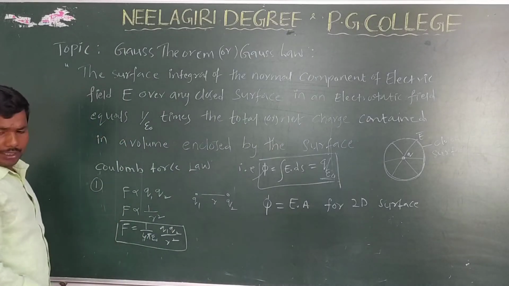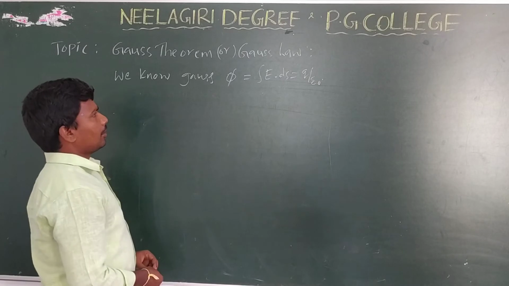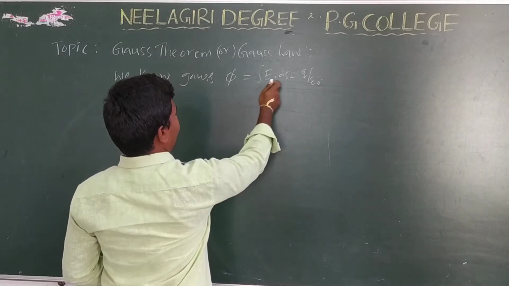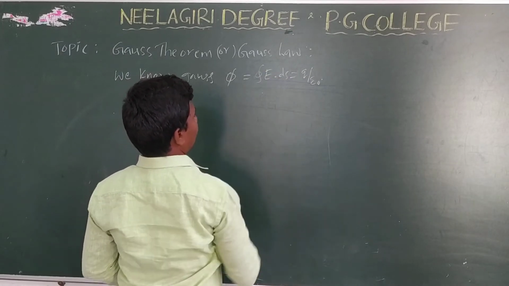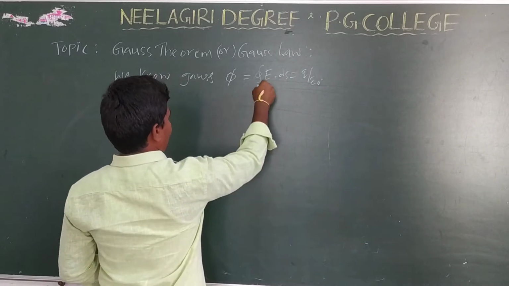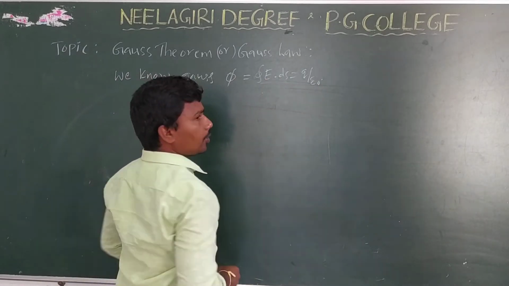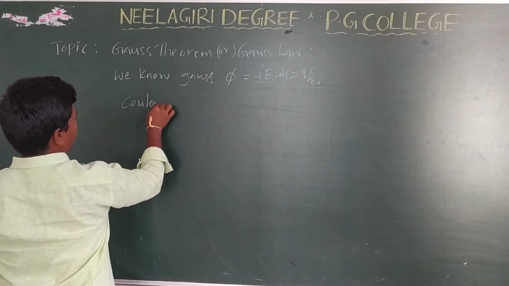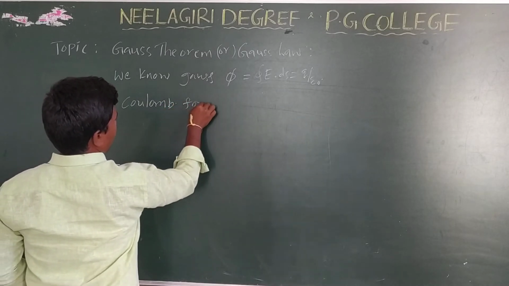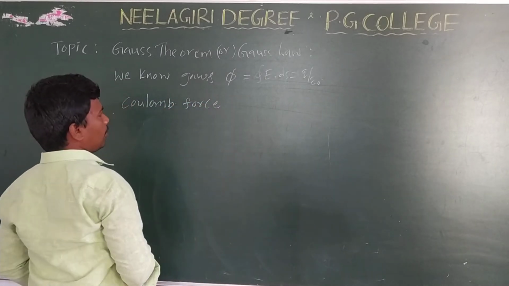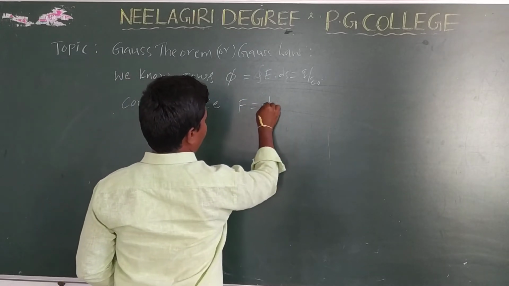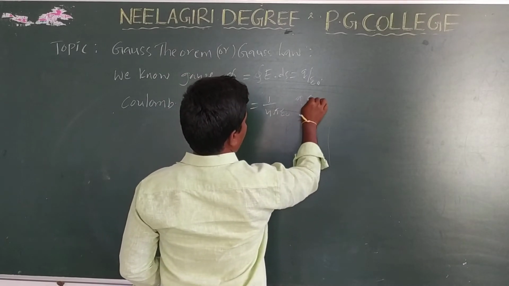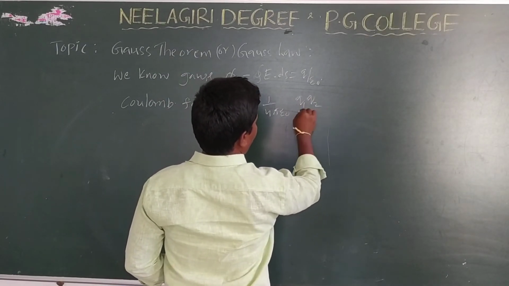Okay, now we see the proof. We know that phi is equal to the surface integral of E dot ds, equal to q by epsilon naught. Now we have to prove E dot ds is equal to q by epsilon naught. So we consider Coulomb's force. We know that F is equal to 1 by 4 pi epsilon naught, Q1 Q2 by R square.